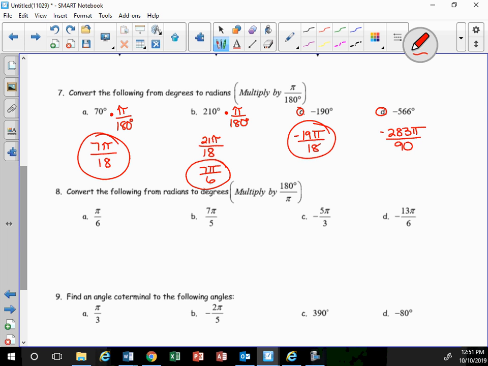Do you guys know the shortcut to check to see if a number is divisible by 3? You could just divide by 3, or look at the digits. What's 2 plus 8 plus 3? 13. Is 13 divisible by 3? No, so then 283 is not divisible by 3 either.